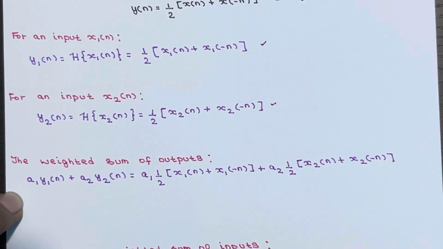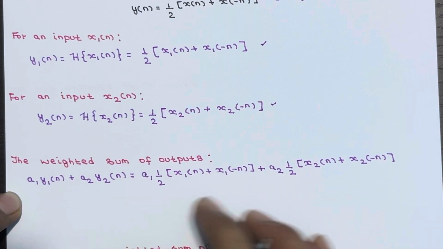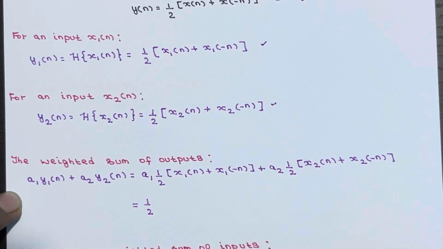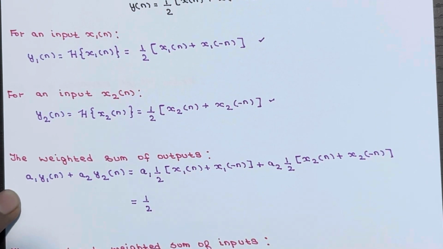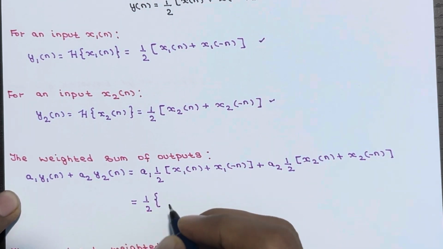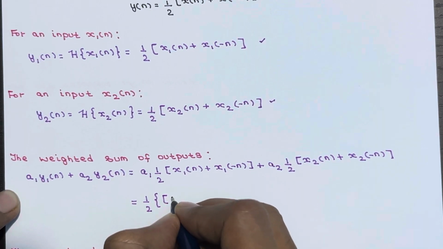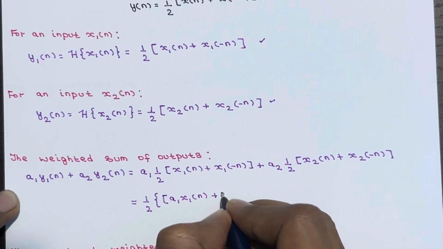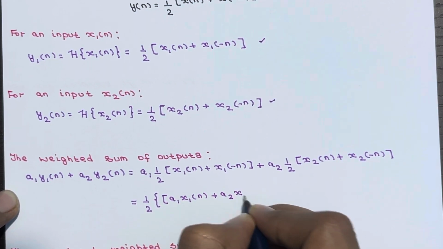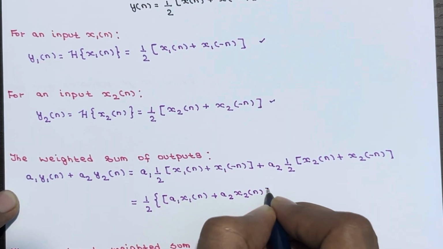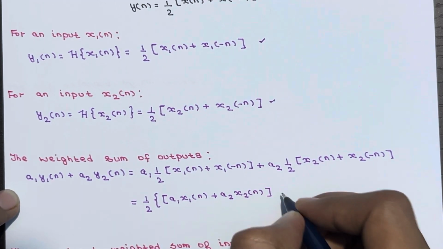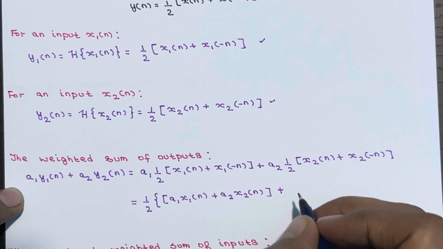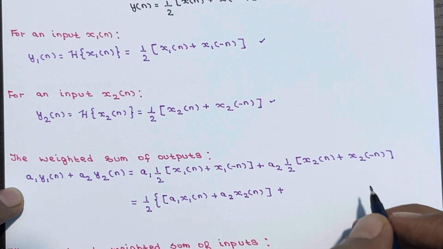Now let's do a little bit of shuffling. Take 1 by 2 as common, so it becomes 1 by 2 into a1 into x1 of n plus a2 into x2 of n, this term, plus now take the minus terms, meaning x1 of minus n and x2 of minus n.